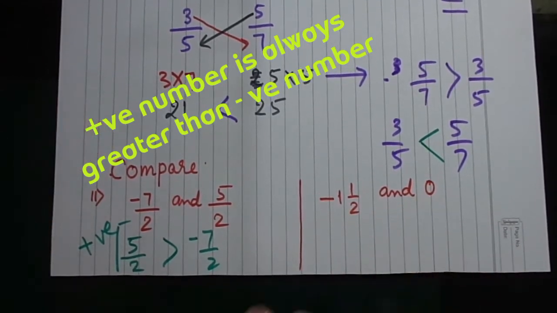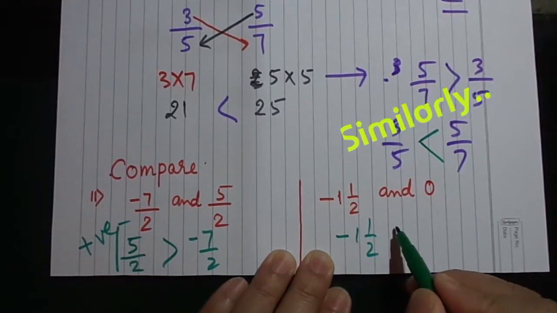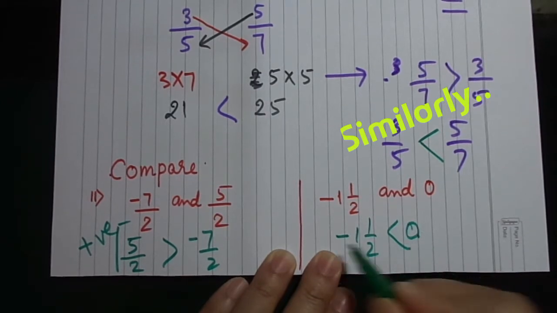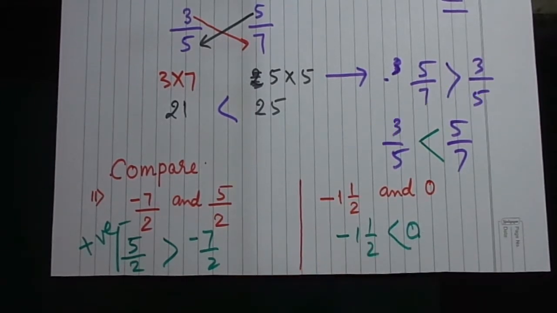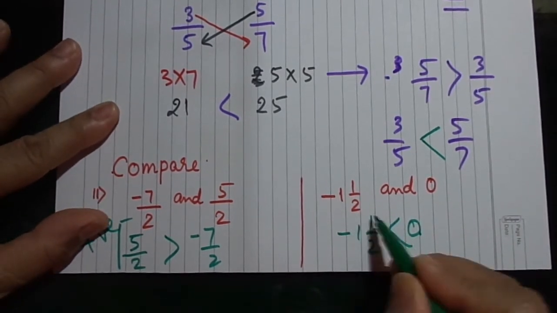Similarly over here minus 1 by 2 is smaller than 0, or you can say 0 is greater than minus 1 by 2. Once again the same thing, negative values are smaller than the positive values. Okay, let's come to question number 3, and in 3 it is the same thing. Nothing is different.